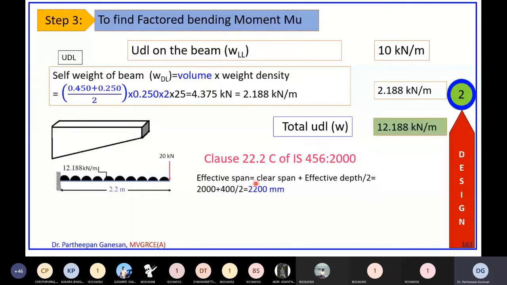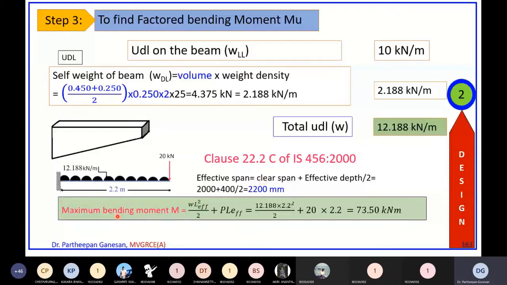So here we are finding the maximum bending moment at the fixed end, equal to w L effective square by 2 for the UDL plus P into L effective for the point load. If you substitute all these, you get 73.5 kilonewton meter.